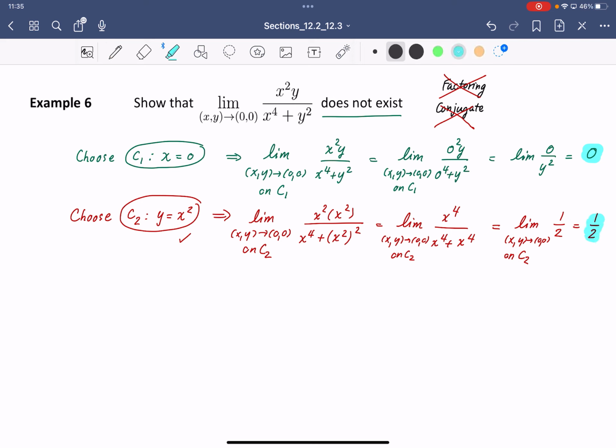So you get 1/2 and 0, which are not equal to each other, because the limit on C1 is not the same as the limit on C2.